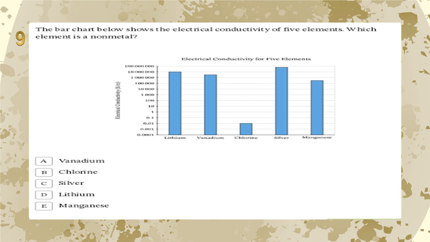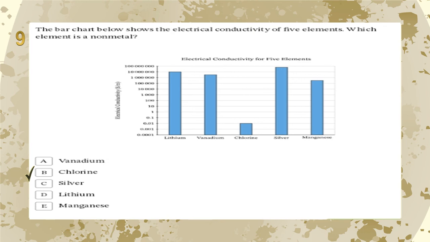What is the property that makes them considered electrically conductive? The others have high values in the chart, but the only one that has low conductivity belongs to non-metal, so chlorine will be the right answer here. The right answer will be chlorine as a non-metal.